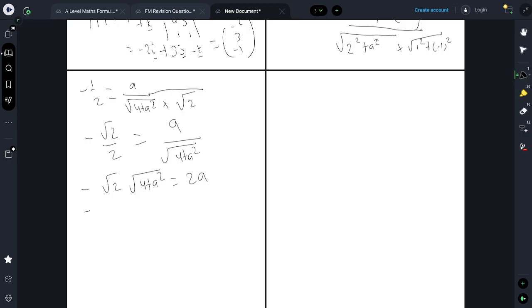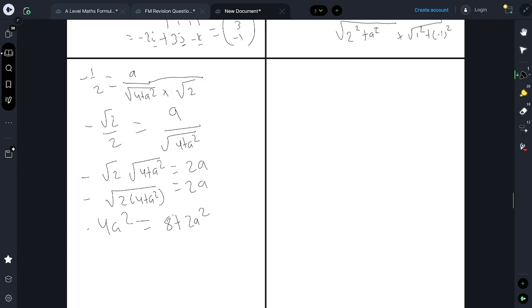I guess we can bring it inside because they're both surds, so we say 2 lots of (4 plus a squared) is 2a. If we square both sides, we get 4a squared equals 2 lots of, expanding this out, 8 plus 2a squared, right? So therefore 2a squared is 8. Then a squared would be 4, so a would be plus or minus 2.